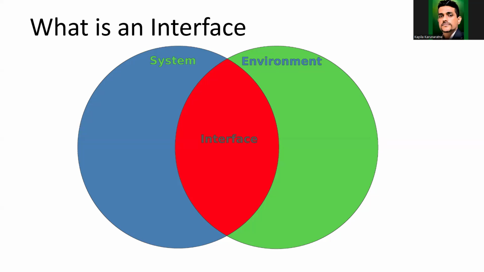The interface is something available to communicate between a system and its environment, between an application and its environment. So we will use interfaces, and we'll look a little deeper at interfaces.